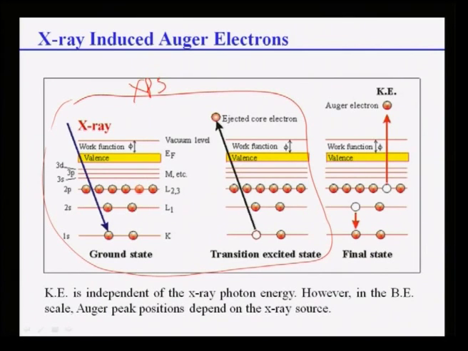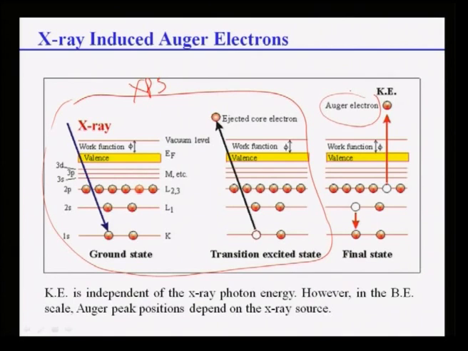When this happens, this energy can then be used to knock out an electron at a much higher energy level, that is L2,3. This electron will have a little bit of kinetic energy, not as high as the X-ray photo-ejected electron, but it will have certain energy. This electron is known as the Auger electron.